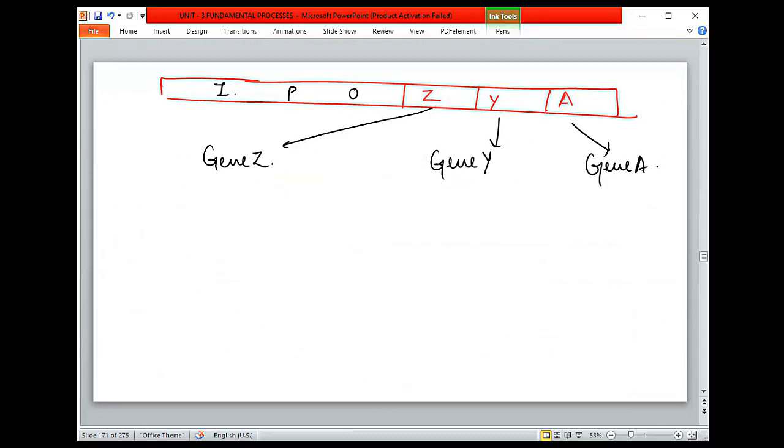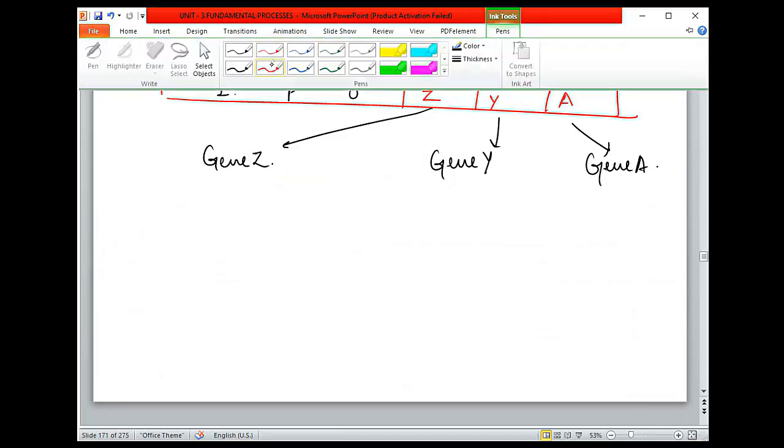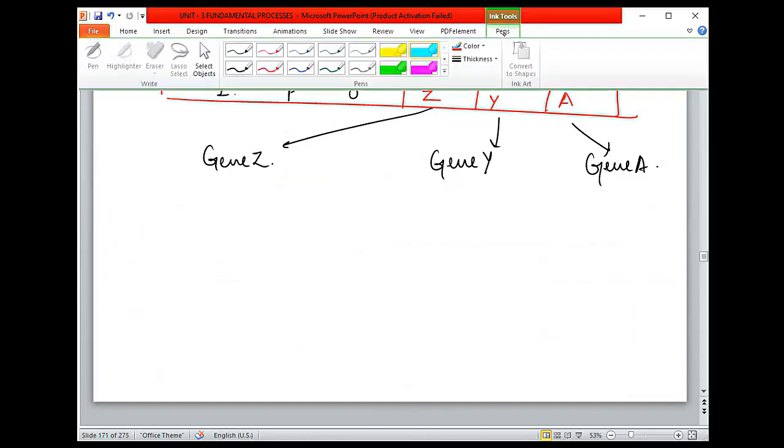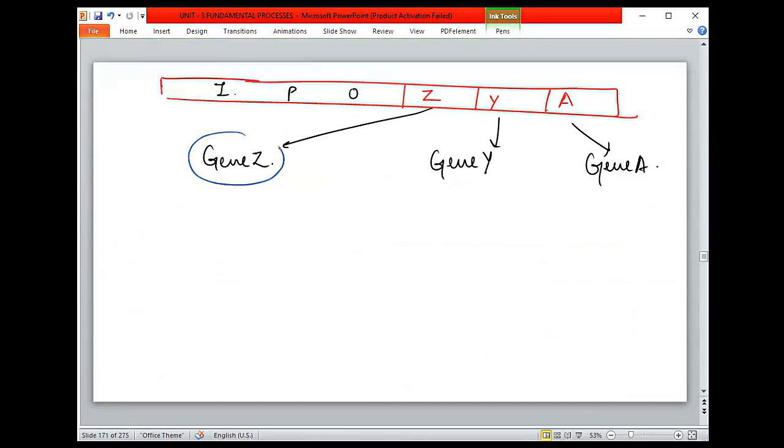Each of these genes is performing a specified function. You have gene Z. It breaks down the glycosidic bond of the lactose. So gene Z is doing what?